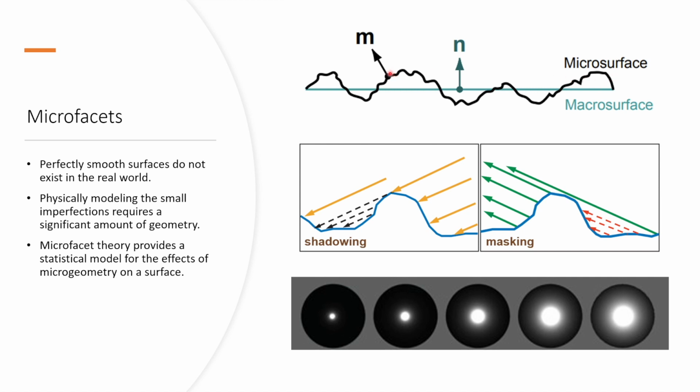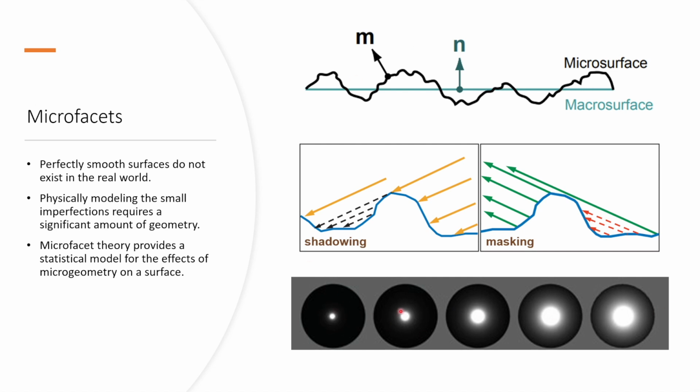But the basic idea is if the light is aligned to the halfway vector between the microsurface normal, then you will have a reflection off of that normal towards the viewer. If the viewer is aligned to the halfway vector, not the light. And so if there are more microsurface normals pointed away, then the light scatters off in various directions. But if more of them are aligned towards the viewer, then they will see a brighter reflection.